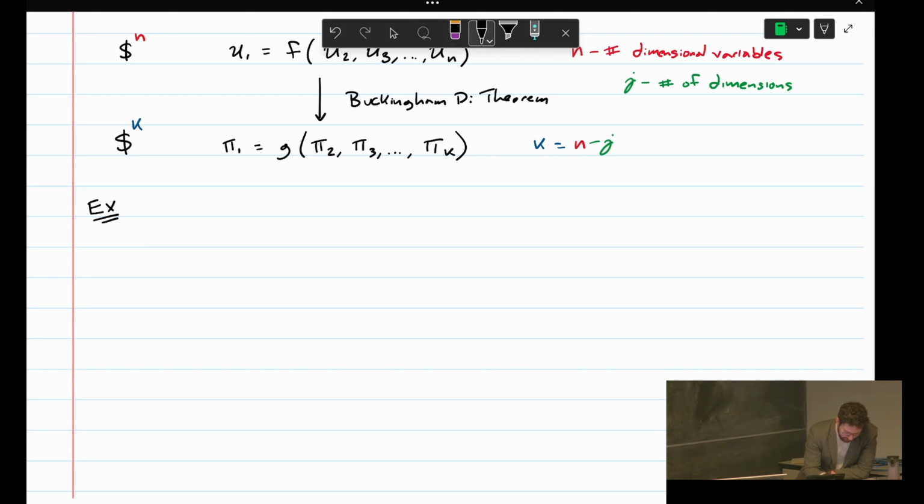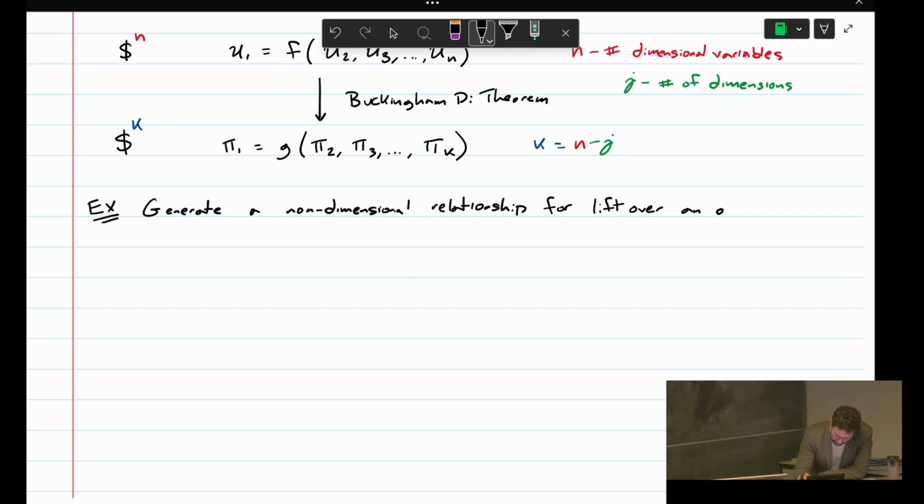So I usually word this as: generate a non-dimensional relationship for lift over an airfoil.